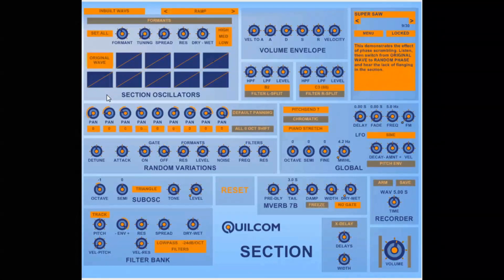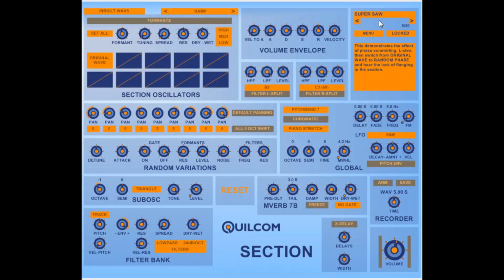To demonstrate this, I've chosen this preset which is called a super saw, and you've got all 9 oscillators with a sawtooth wave which is detuned, and you get this classic sound.